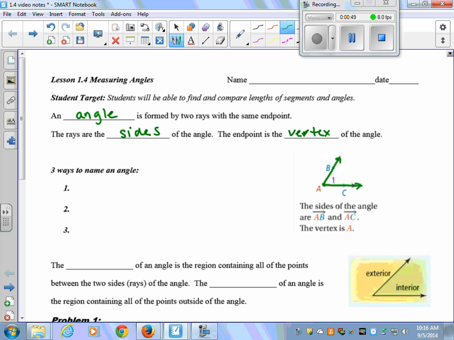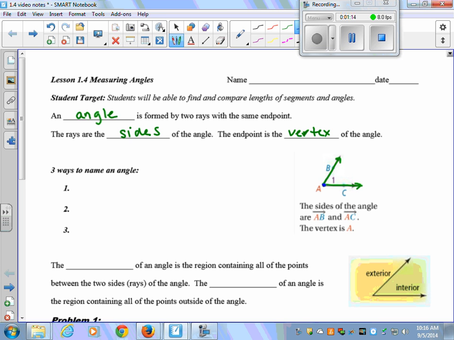So there are three ways to name an angle. This angle here, we could name it, first of all, using the three letters that form the angle. And in this case, the angle needs to be named in order with the vertex point A as the second letter you name, the middle letter.